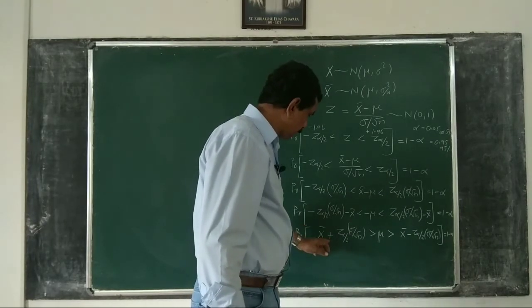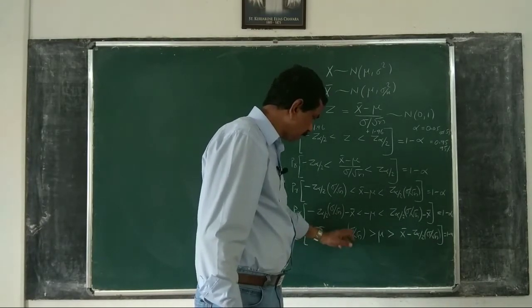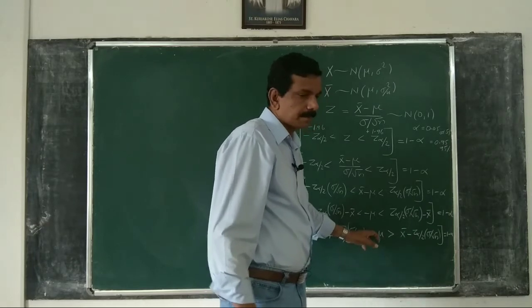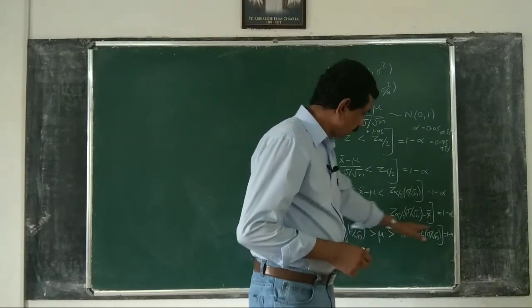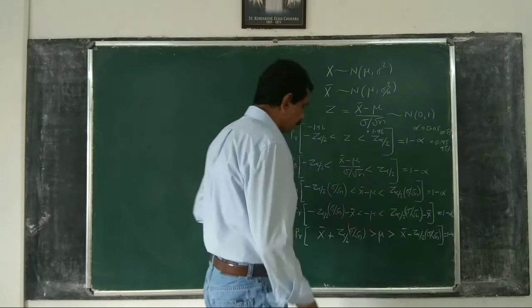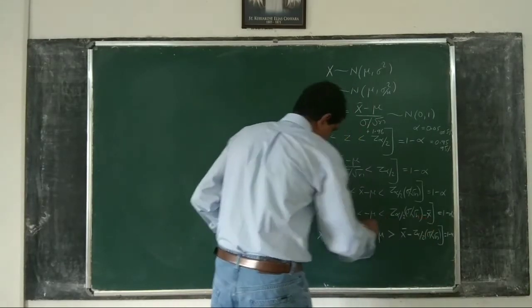X bar plus Z alpha by 2 sigma by root n greater than x bar minus Z alpha by 2. Now, I write this first.